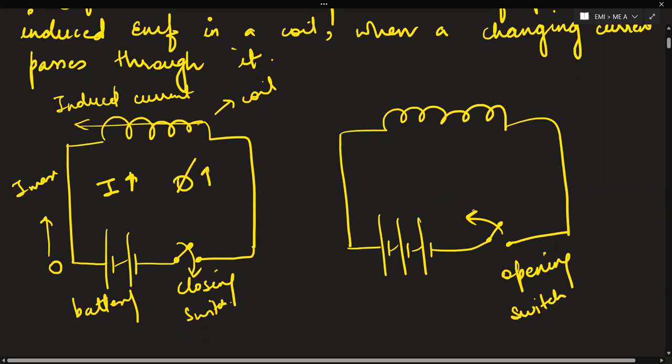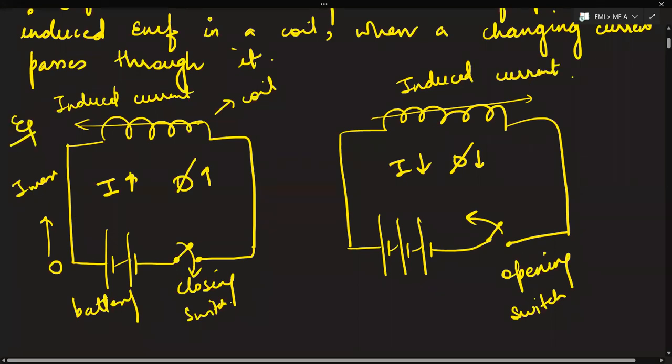Current will decrease, magnetic flux will decrease. Both of these quantities get decreased through the coil. And what happened? Induced current flows in the same direction as the original current. So this is one example which shows self-induction occurs. Self-induction means, see, this was one coil only. In this coil, everything happened. Current increased, flux increased, direction of induced current developed because of induced EMF and everything.